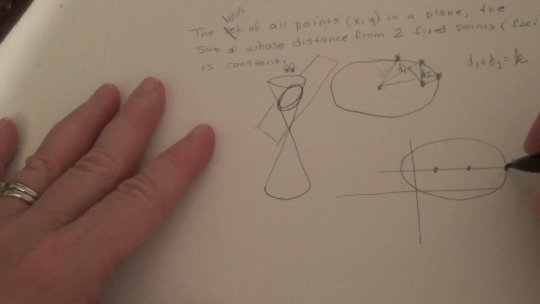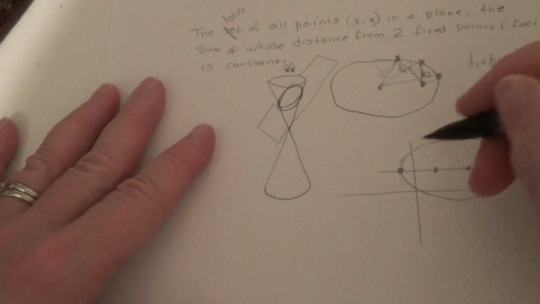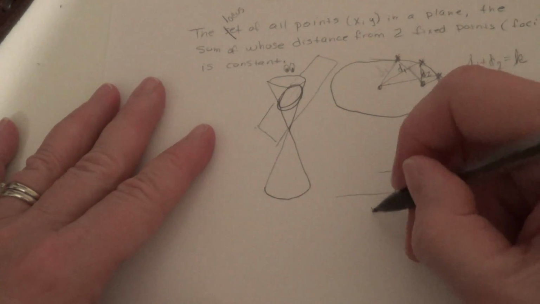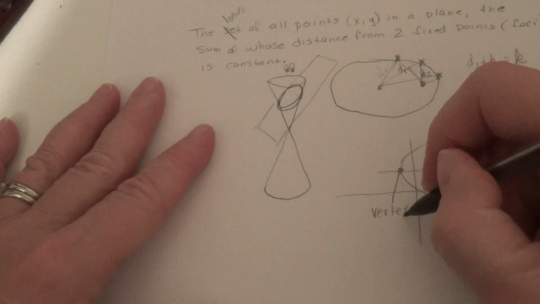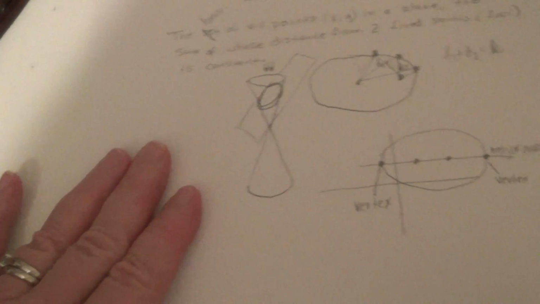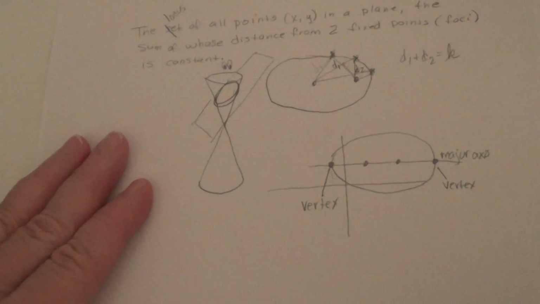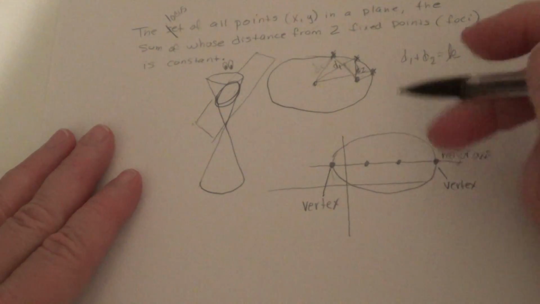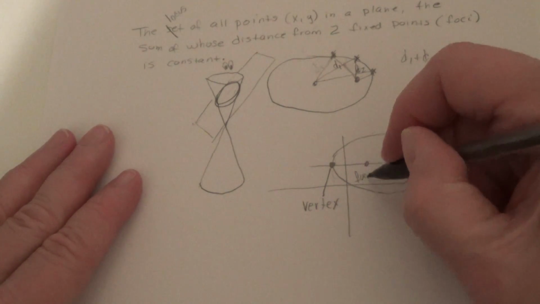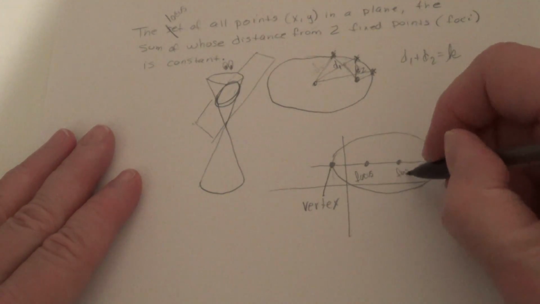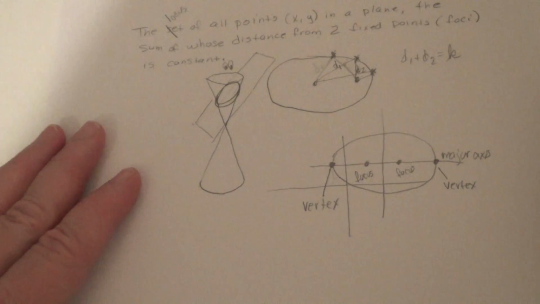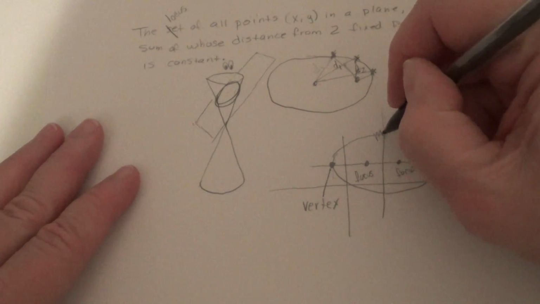The two points on the major axis at the extreme points are called vertices. Here a vertex, there a vertex. If we cut the ellipse in half between the two foci, you've drawn the minor axis.